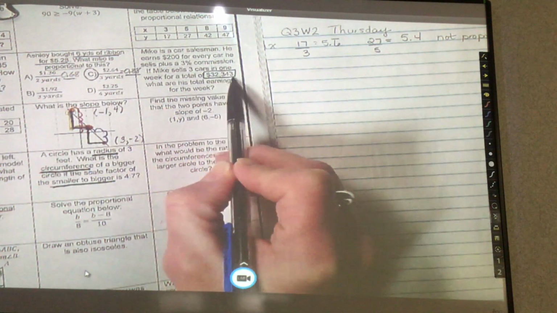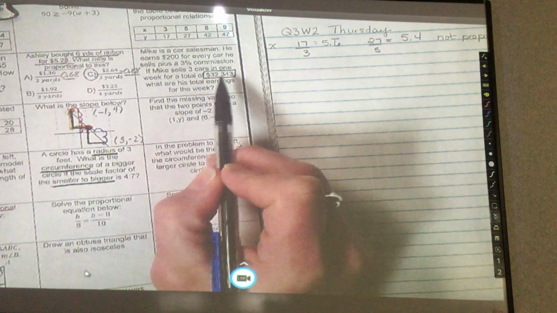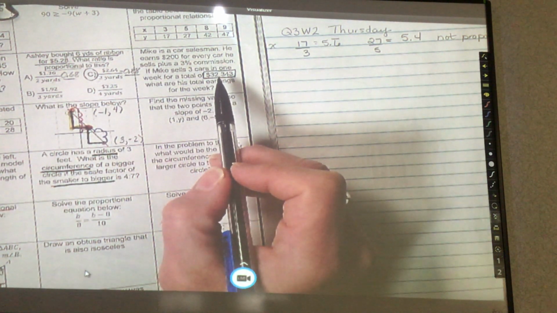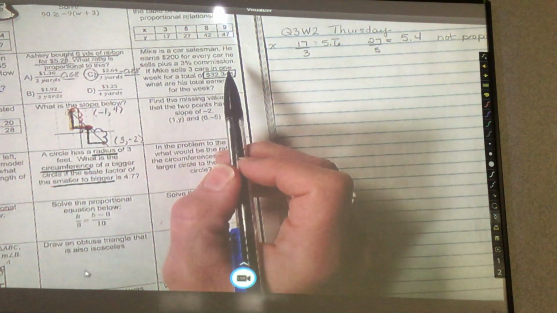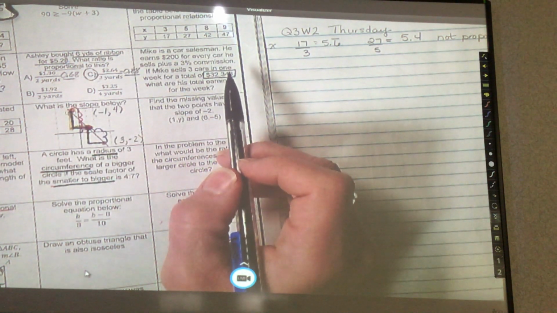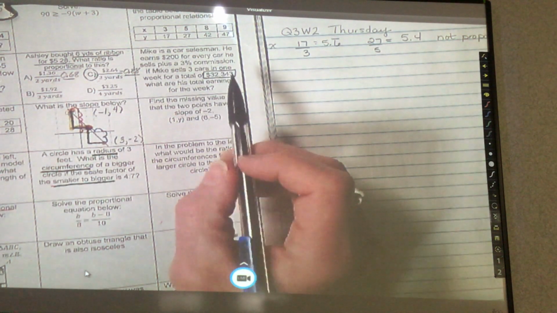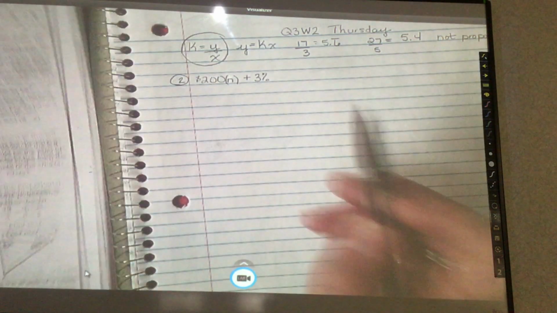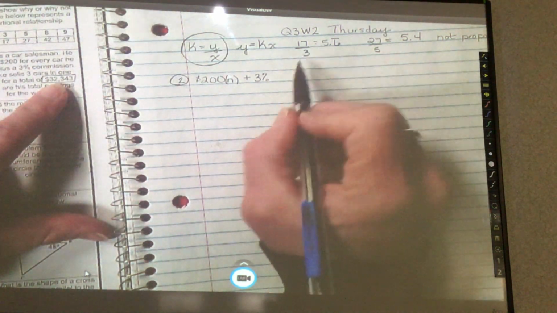What do I do with this? Nope, I don't divide by the number of cars I sold. I need 3% of this, because this is the amount of cars I sold. I get 3% of that sale.